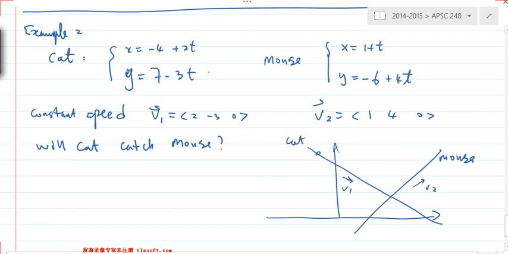If you look at the equations here, what I'm writing is all in t. Basically, they always exist in the same space. As time changes, both the cat and the mouse change position at the same time. It makes sense, right? The t represents the time change for both of these.